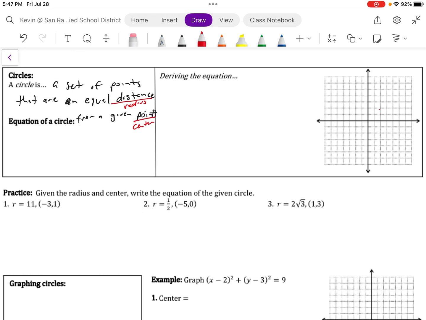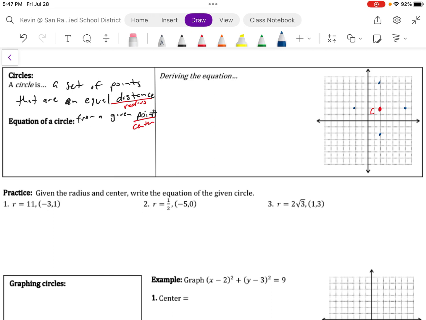So let's say we have this point here. This is a set of points that are equal distance from a given point. So here's our given point, that's our center. Then we have points that are equal distance: 1, 2, 3, 4. Those points are all equidistant.